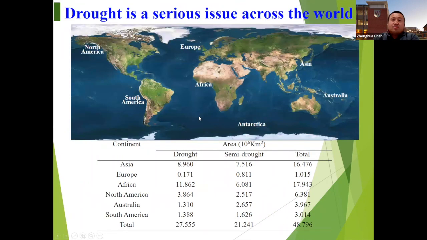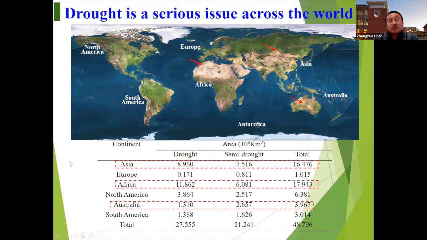First, to give a bit of background, drought is a very serious issue across the world. In almost all the continents except Antarctica, drought happens very often, especially in Asia, Africa, and also Australia. Despite Australia being a small continent, drought is a big issue.